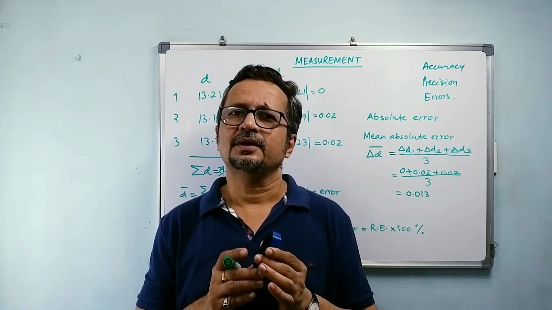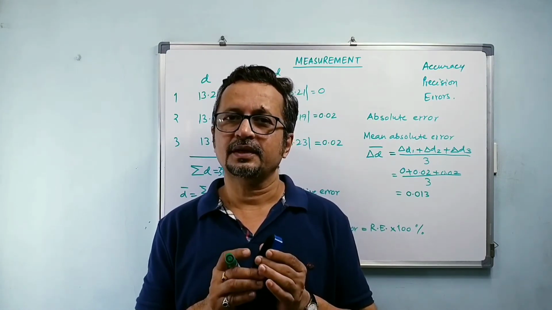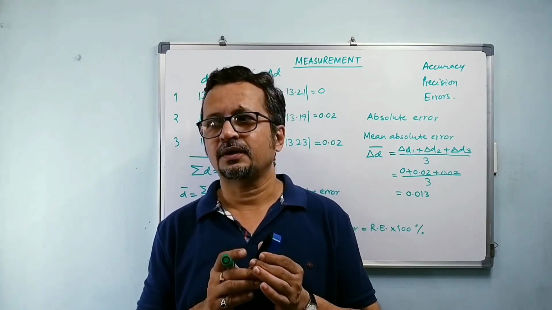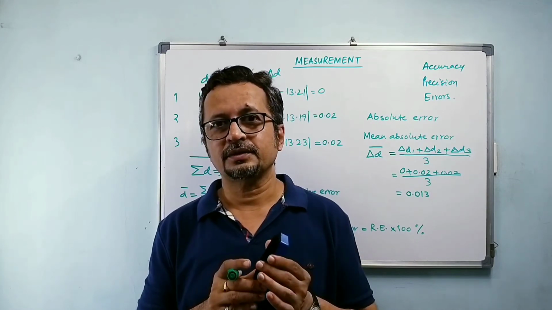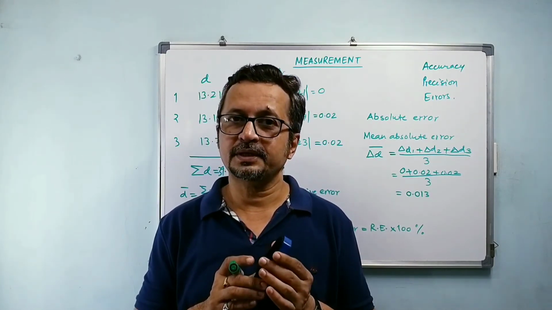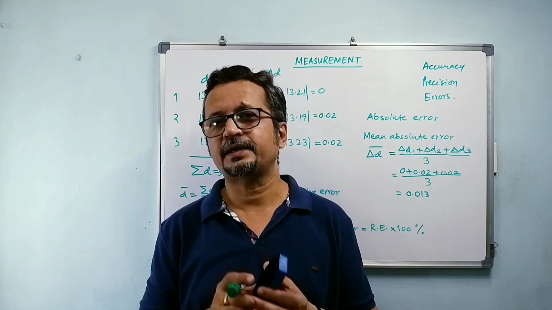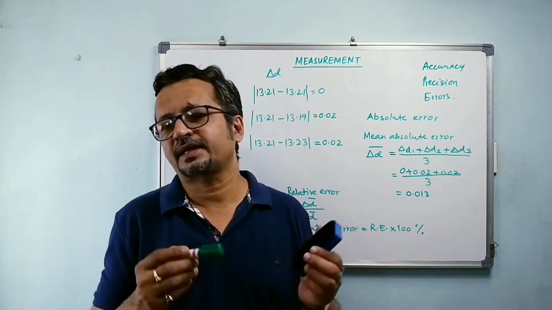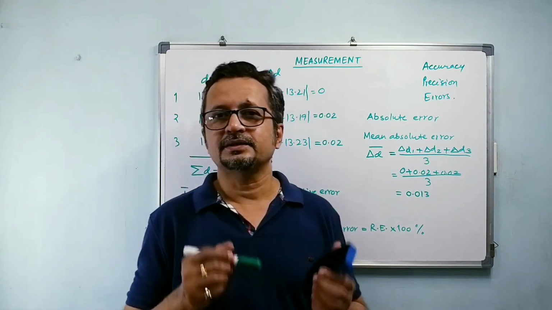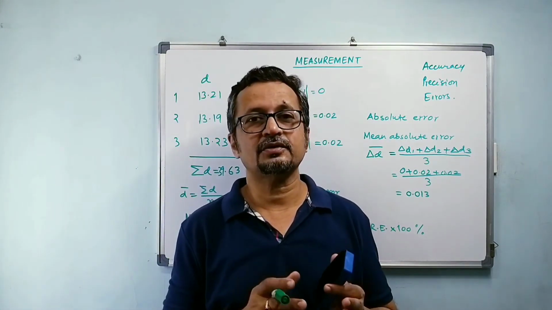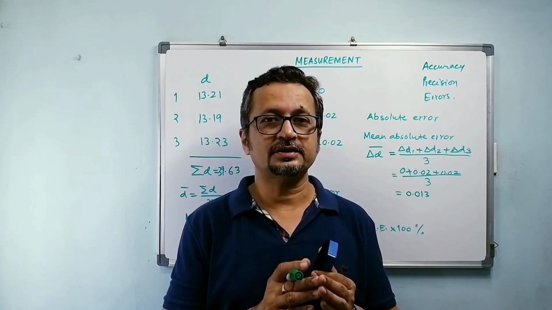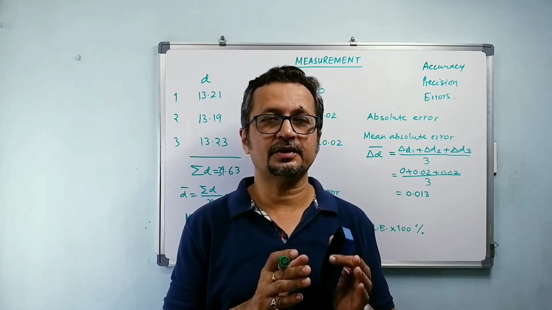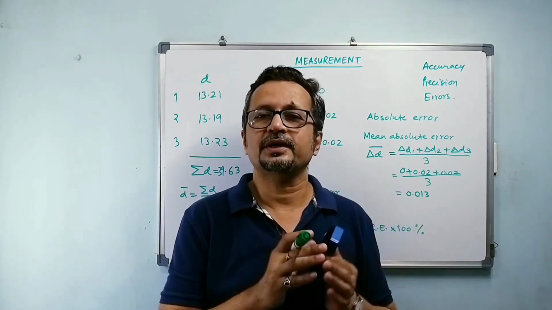One is systematic error, another is zero error, and the third type may be random error. Now, random errors, maybe you cannot predict the exact reason for that. Systematic errors may be because of wrong setting, or because of some zero error in the instrument.